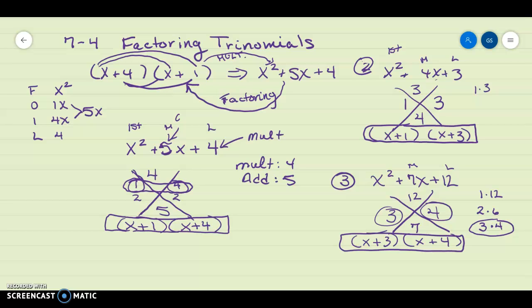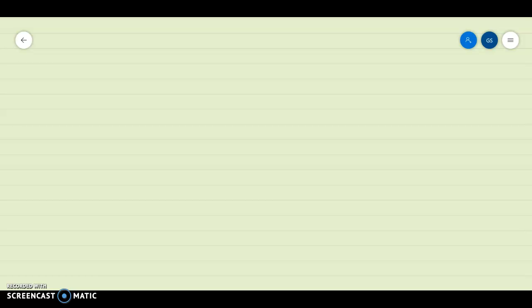All right, do I have another one for you? Sure. I'll do 2 more. The next one we're going to do is x squared plus 6x plus 9. Draw your X. This is middle and this is last. The last term goes in the top and the middle term goes in the bottom. We are looking for factors of 9.